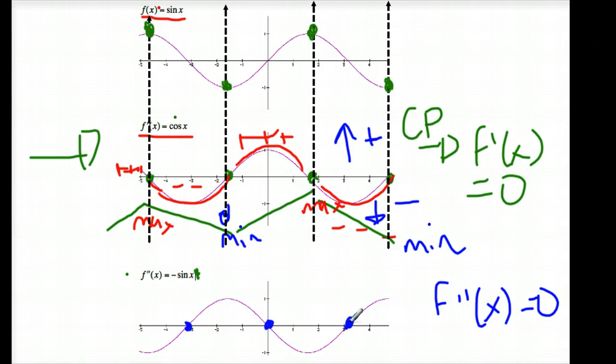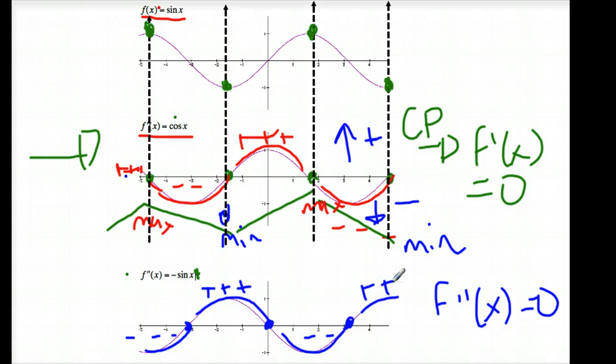And let's label this the same exact way we labeled the first derivative. So everything in this section is below the x-axis, so this is negative. Everything above in this section is above the x-axis, so this is positive. This is negative, and this is positive.